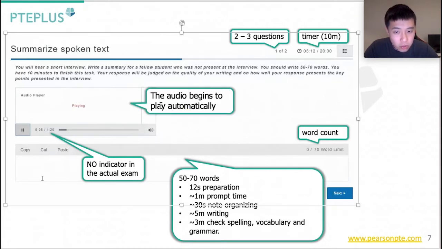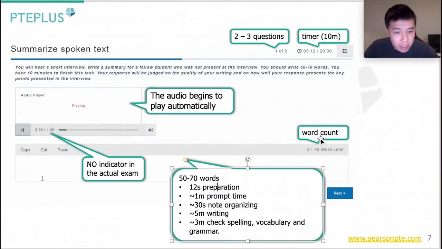And then the audio plays after the preparation time, which would be 12 seconds. And then keep in mind that you need to complete a summary of 50 to 70 words. And you should always keep an eye on the word count on the right hand side.